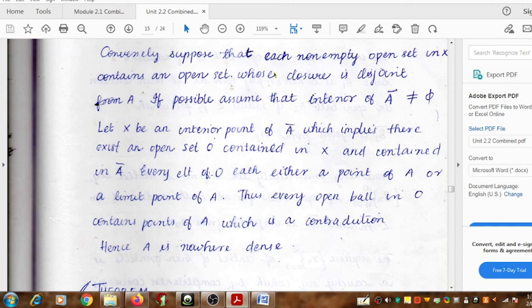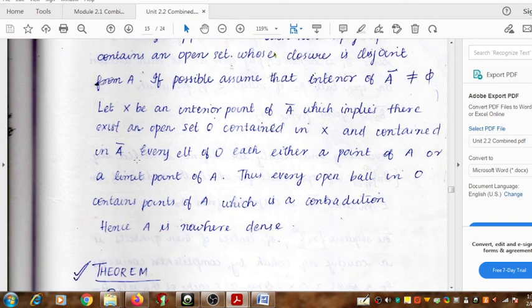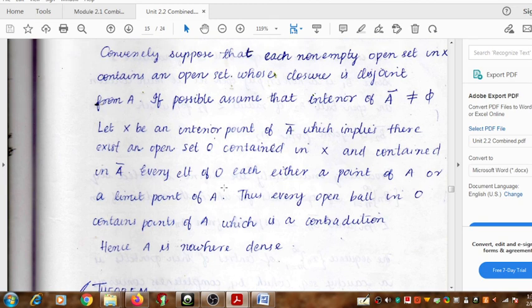The new situation we have obtained contradicts the assumption that every non-empty open set in X contains an open set whose closure avoids A. Therefore you have to correct the loosely accepted statement that the interior of the closure of A is non-empty, which is wrong.